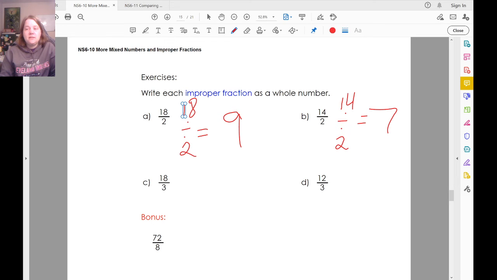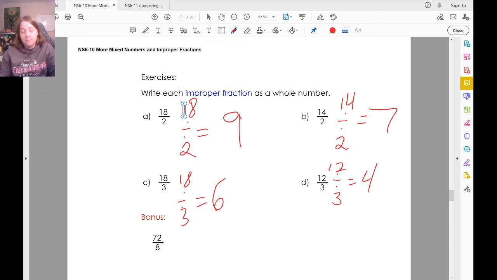Letter C says 18 divided by 3. 18 divided by 3 is 6. And then we have 12 divided by 3, which is 4. And if you tackled the bonus, 72 divided by 8 is 9.